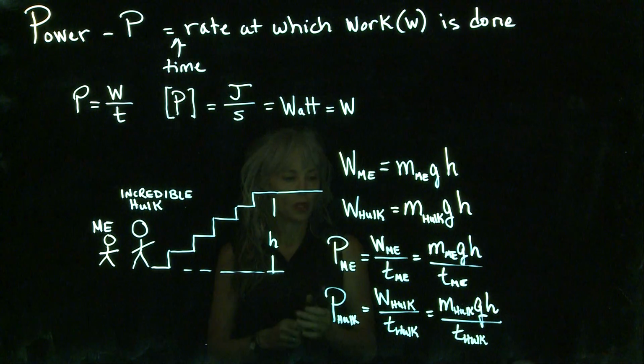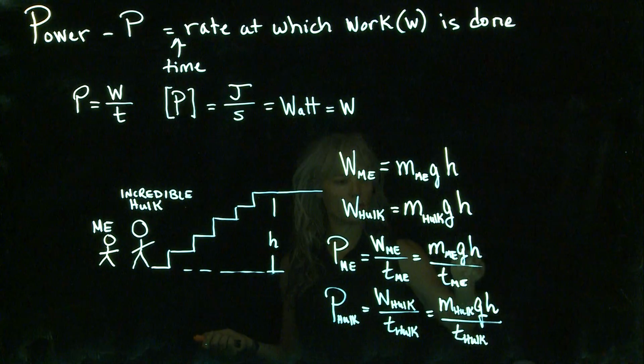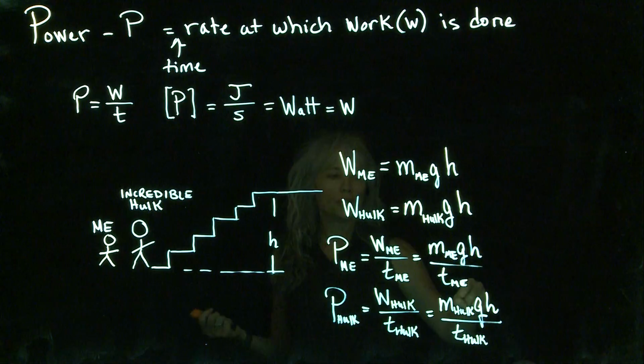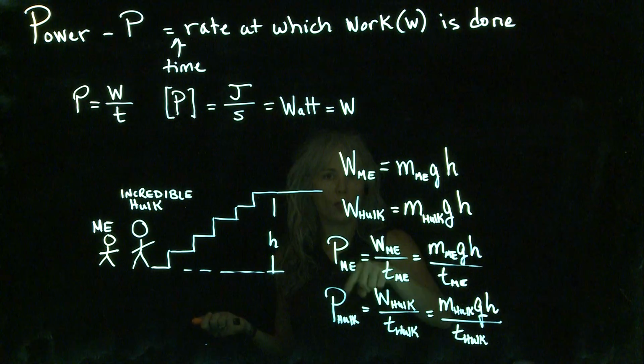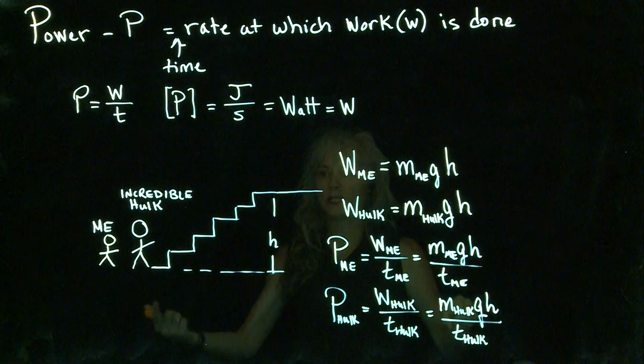So now let's look at these two relationships. Notice that the numerators are definitely different. My mass is smaller than the Hulk's mass. So what is going to determine who has the higher power rating, me or the Hulk, is going to be due to the time difference it takes me versus the Hulk to get up the stairs.